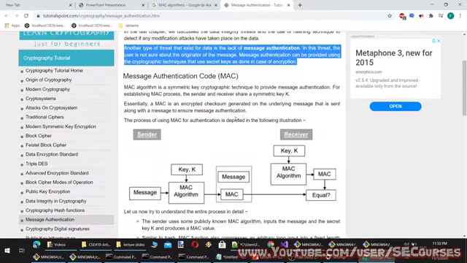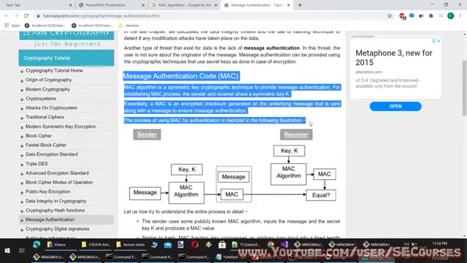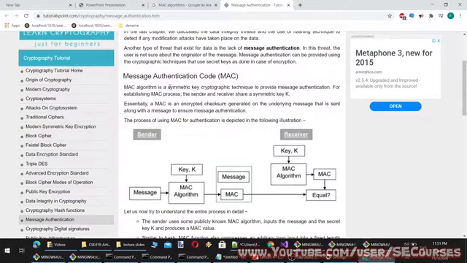Message authentication can be provided using the cryptographic techniques that use secret keys as done in case of encryption. Let's read it. Message authentication code, MAC algorithm, is a symmetric key cryptographic technique to provide message authentication. For establishing the MAC process, the sender and receiver share a symmetric key K. Essentially, a MAC is an encrypted checksum generated on the underlying message that is sent along with a message to ensure message authentication. The process of using MAC for authentication is depicted in the following illustration.